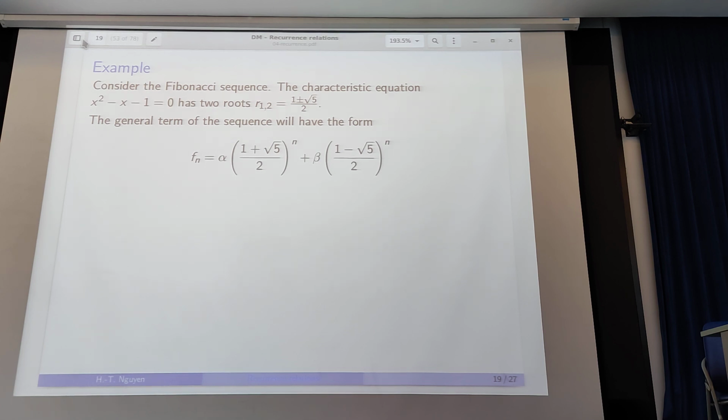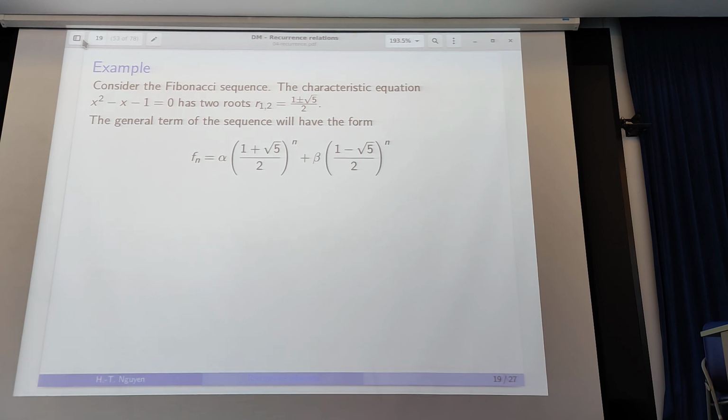And f1 is equal to (1 plus square root of 5 divided by 2) alpha plus (1 minus square root of 5 divided by 2) beta. But because of the initial condition, we know that f0 is equal to 0 and f1 is equal to 1.